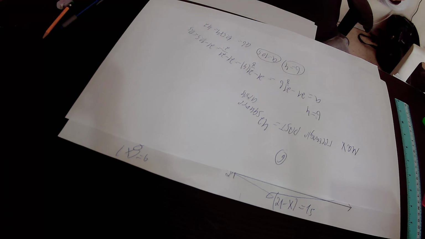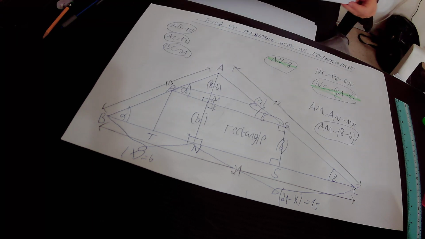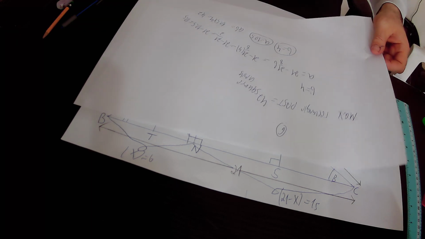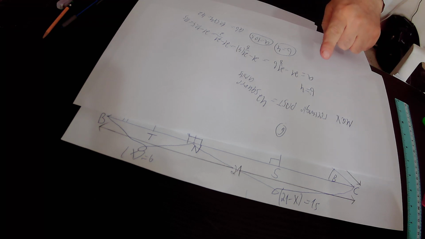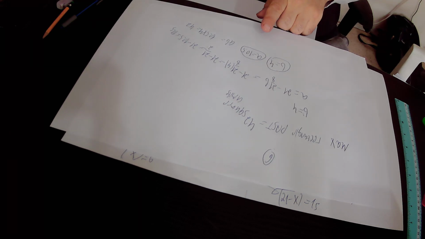So when the maximum area of this rectangle PQST is equal to 42 square units, then the width B is 4, and the length A is 10.5 units. And A times B, A is 10.5, B is 4, so it is 10.5 times 4, that is 42 square units.